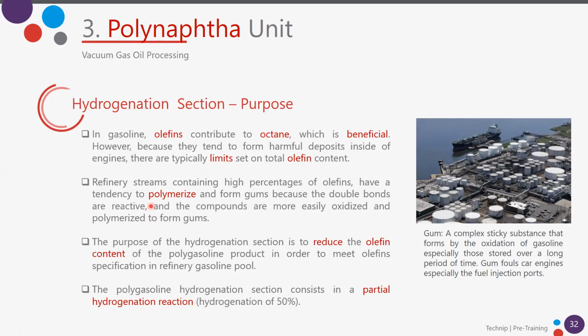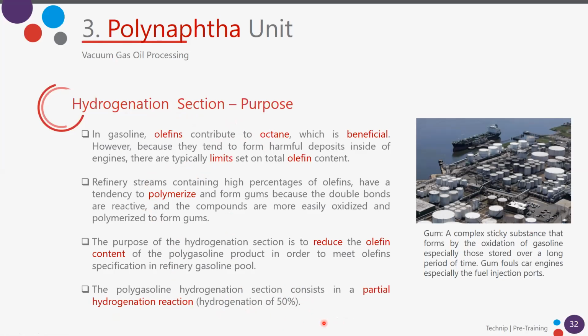In these following slides, we see the purpose of this hydrogenation section. As we have seen, it is a partial hydrogenation, by design a 50% hydrogenation of the olefin content.